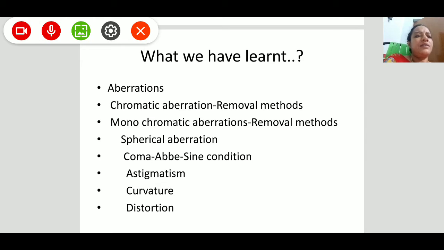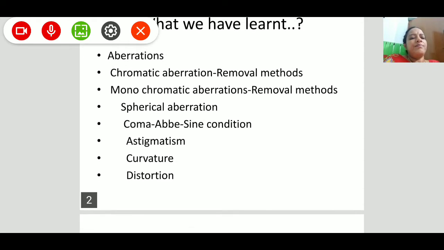We are just revising our completed lesson: chromatic aberration and its removal methods, and monochromatic aberrations and their removal methods. The monochromatic aberrations are five in number: spherical aberration, coma, astigmatism, curvature, and distortion.